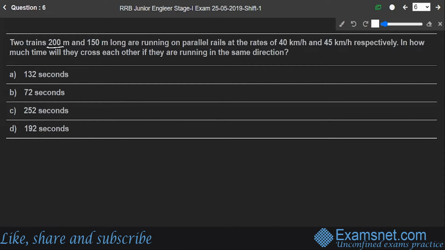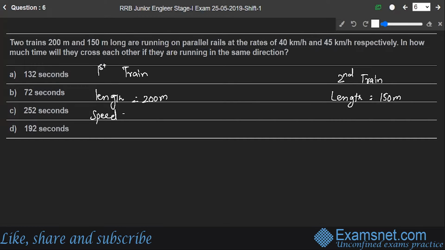Two trains, 200 meters and 150 meters long, are running on parallel rails with the speeds of this and this much respectively. In how much time will they cross each other if they are running in the same direction? See, two things are given to us: first is the length and then their speeds. For the first train the length is 200 meters, and the second train has the length of 150 meters.